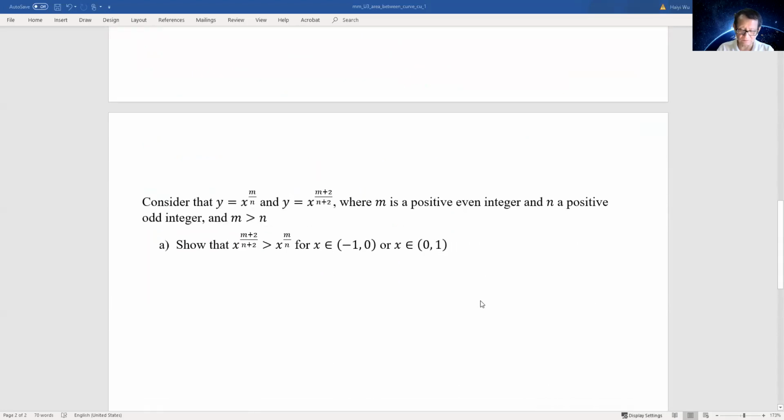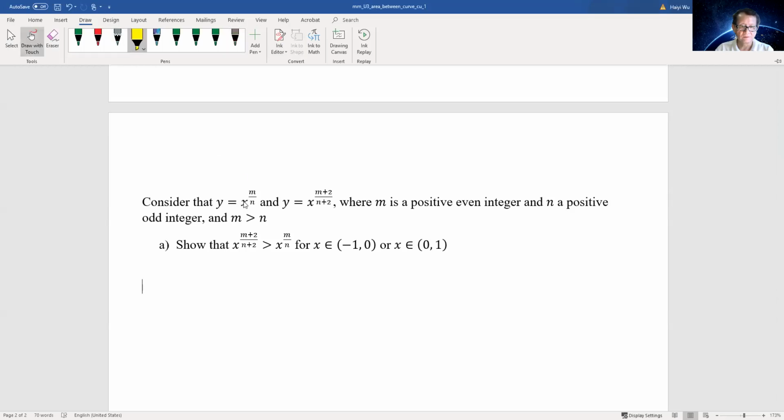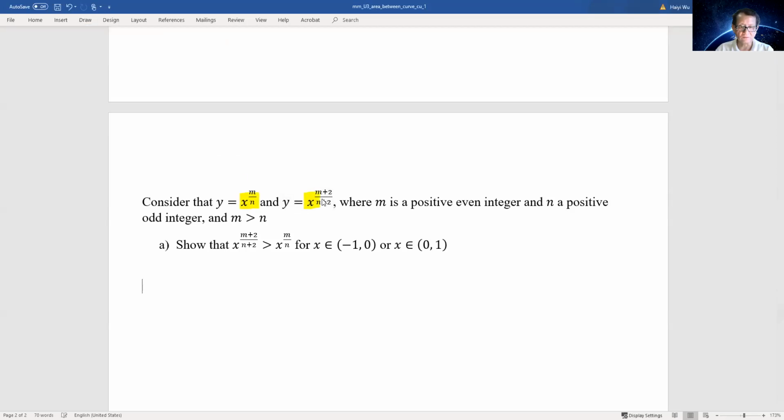There's two functions. The first function is an exponential function, and the next one is also exponential. The conditions are that m must be more than n, where m is a positive even integer and n is a positive odd integer.